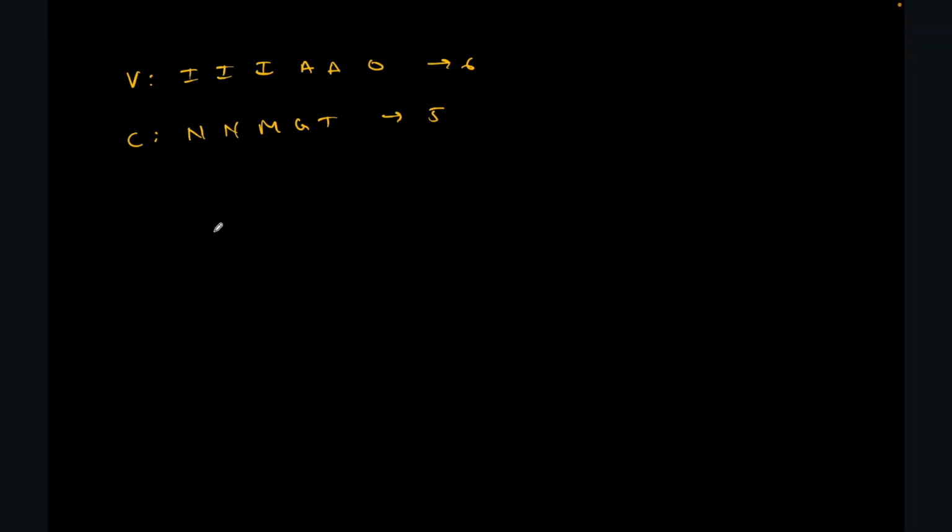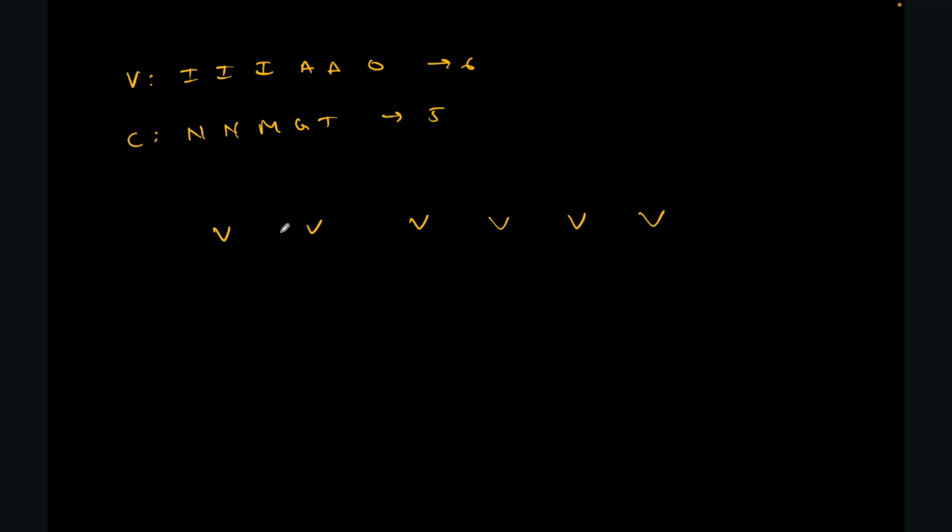So remember, I'll fill the spots for the vowels first. Vowel 1, 2, 3, 4, 5, and 6. Remember, these vowels are not distinct. I'm considering them to be just vowels. They all come under the big group of vowels.